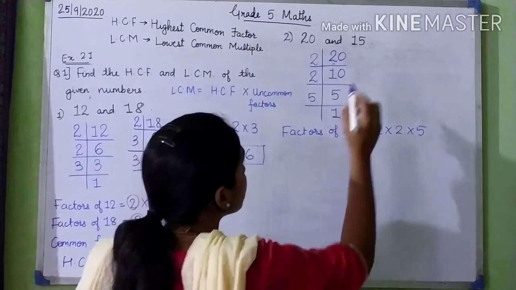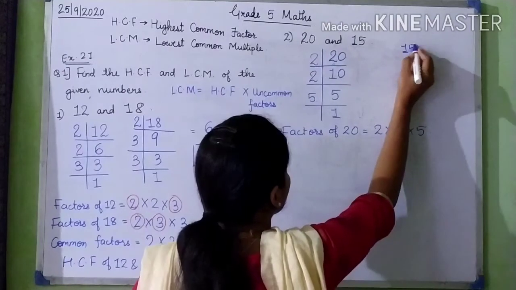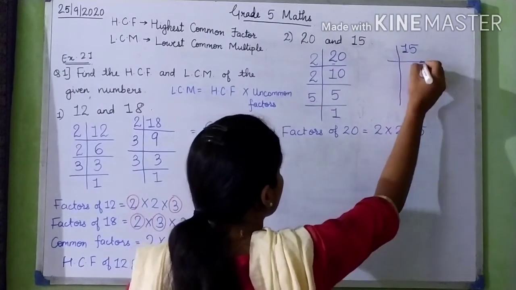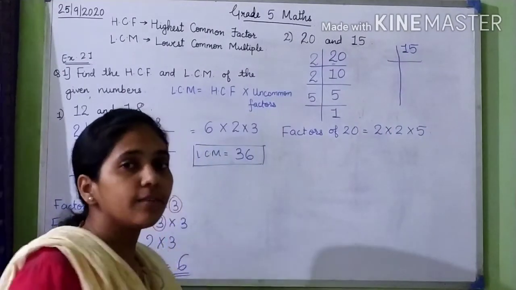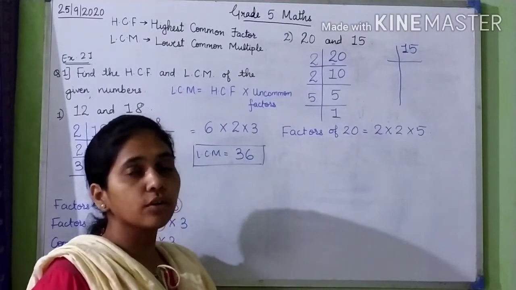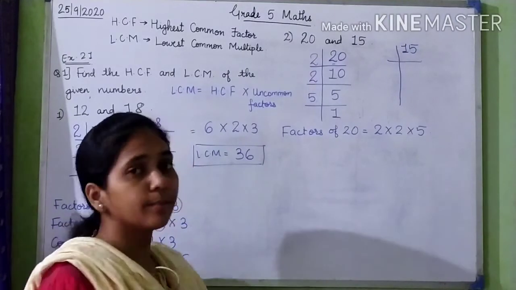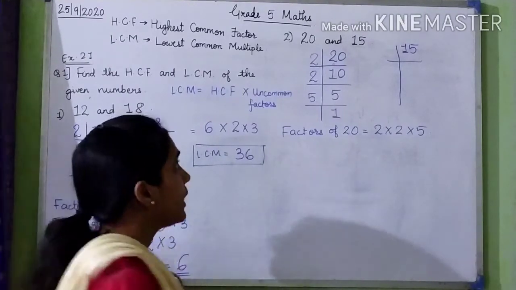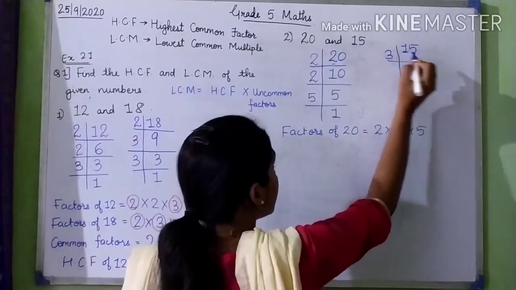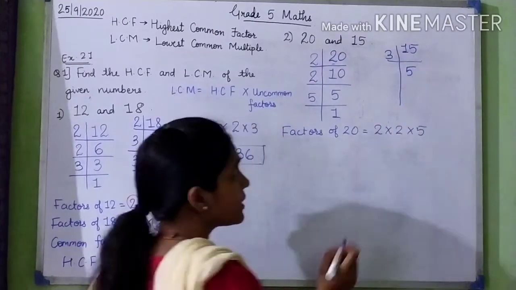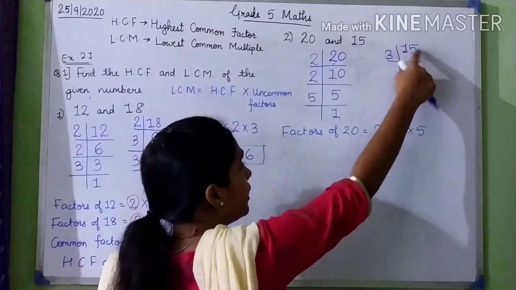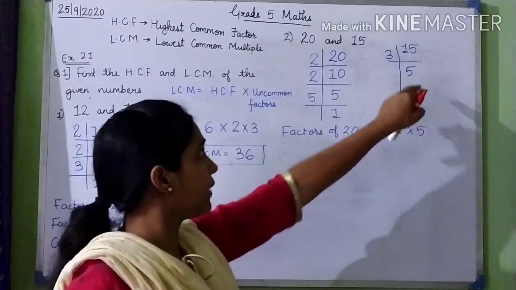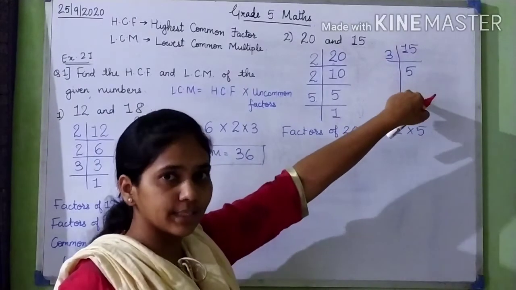Now we go to the next number, 15. Can 15 be divided by 2? No. By 4? No. So 15 can be divided by 3. Yes. So we start dividing. 3 into 5 is 15. Now we get a 5 here. 5 is divided by itself only.